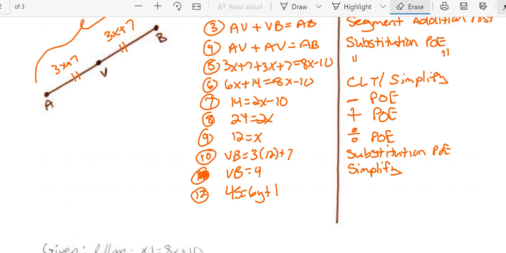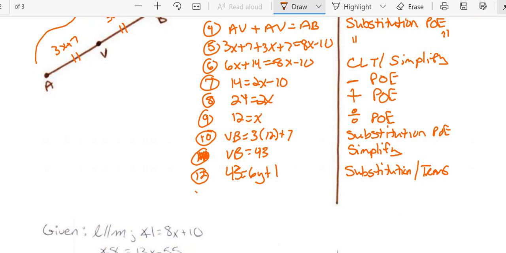I'm like, that doesn't make sense. That's 43. All right, so this will end up being substitution. Again, substitution and transitive kind of overlap, so it could be either one there. And then for 13, we just solve this. So it'll be 42 equals 6y.